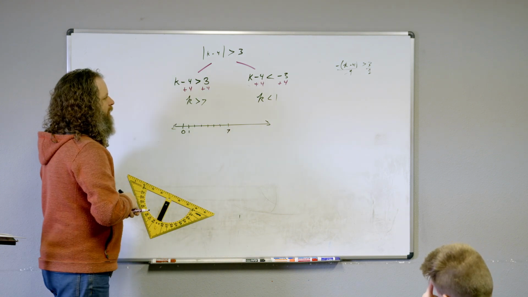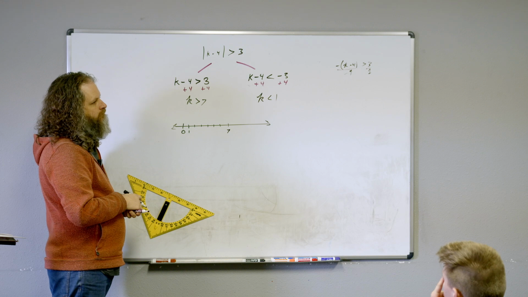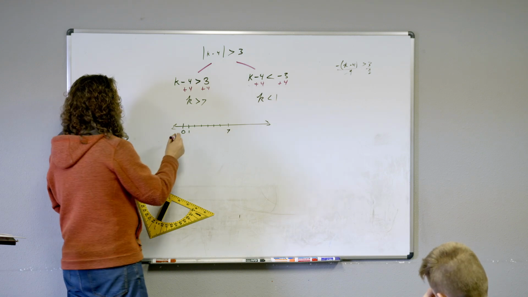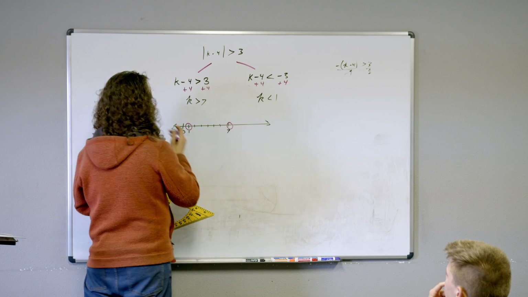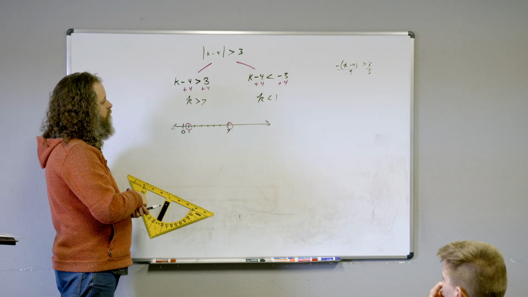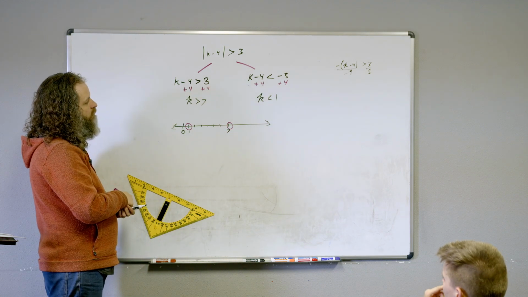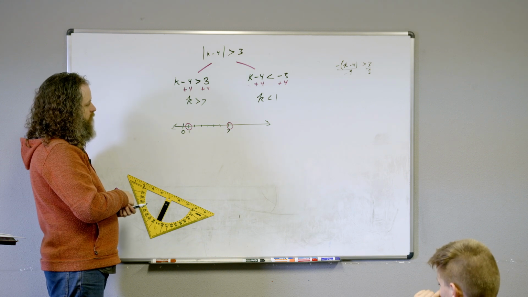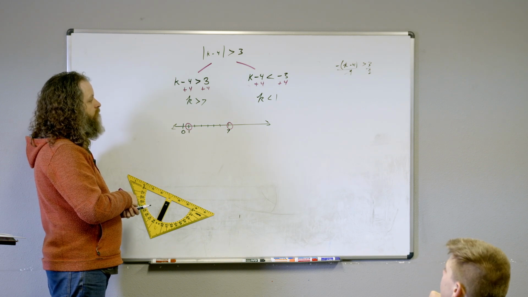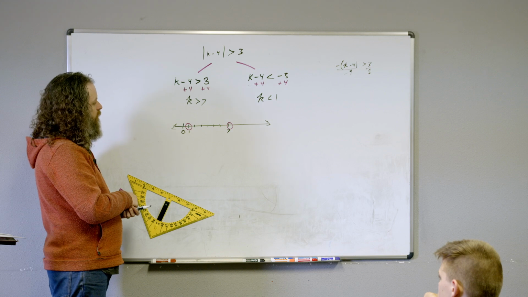Okay. Now what? Open circles. Okay. Shade to the right for both. You need to check a number less than 1, a number between 1 and 7, and a number above 7. That's true.